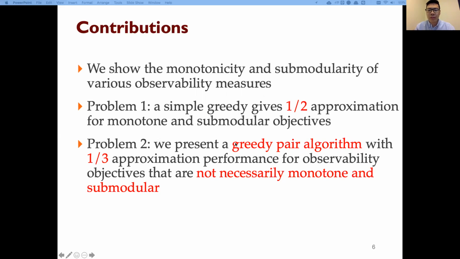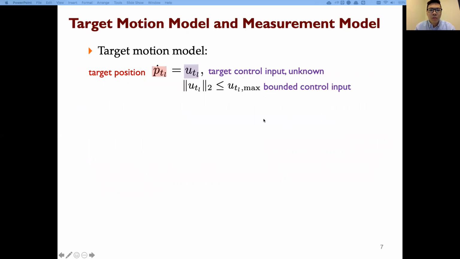Now let's see what is the observability in the target tracking scenario. We consider that each target has a single integrator motion model, where p_t^l is the target position and u_t^l is the target control input. This control input is unknown to the sensors. We assume that the sensors only know an upper bound of this control input.